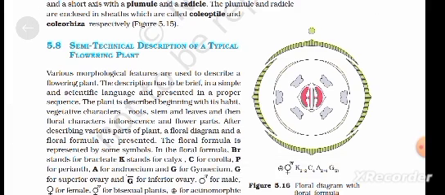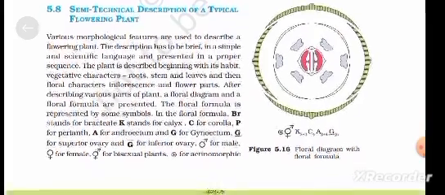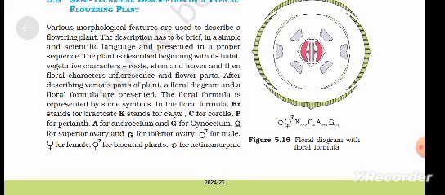The plant is described beginning with its habit, vegetative characters, root, stem and leaf, and then floral characters, inflorescence and floral parts. After describing various parts of the plant, a floral diagram and a floral formula are represented. The floral formula is represented by some symbols.